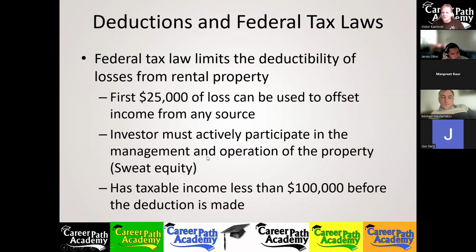Because you're the one that's doing the work, whether it's saving money on landscaping by doing the landscaping yourself instead of hiring a landscaper, or doing some other laborious thing that needs to be done at the property instead of hiring someone else to do it. So we refer to that as sweat equity that you put into the property. And it has to have a taxable income of less than $100,000 before the deduction is made.